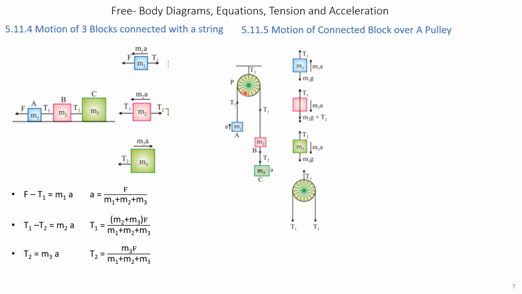Its tensions are such that at the stationary point, T1 is equal to T2, and T3 is the tension acting upward. T1 on the left side is equal to T1 on the right hand side, and the tension between B and C is T2, and free body diagrams are shown on the right hand side.